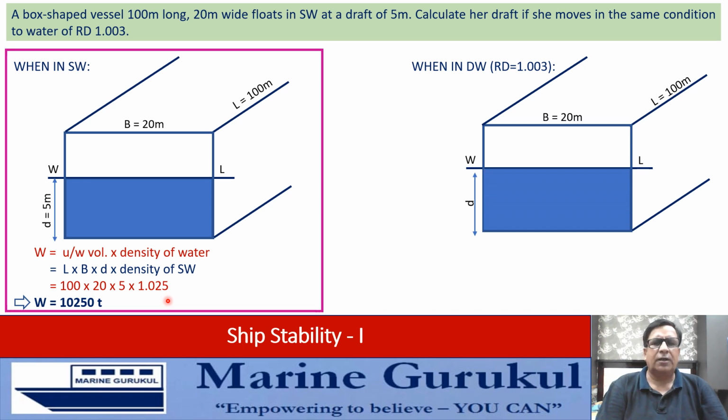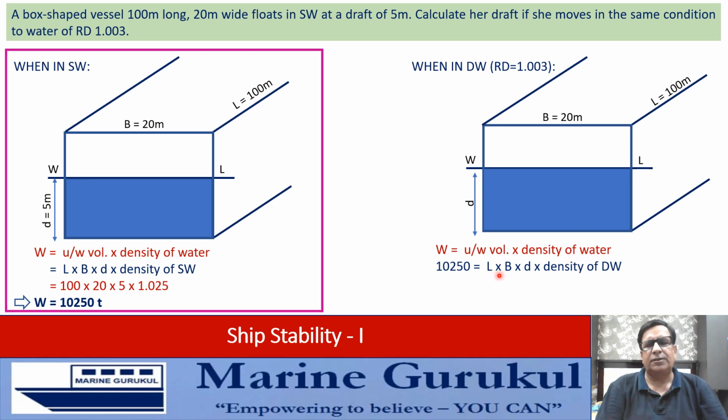We can calculate the underwater volume of the vessel in the dock water, and when that underwater volume is multiplied by the density of the dock water, it shall give us the displacement, and we already know the displacement. The displacement shall be equal to length into breadth into draft into density of the dock water, and since the vessel has moved with the same displacement, the displacement is known, 10,250.